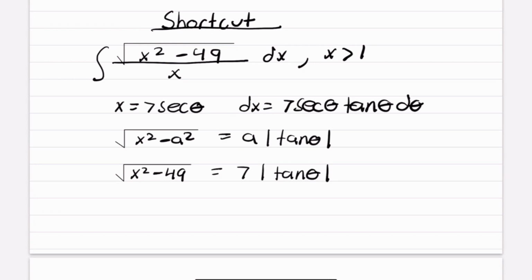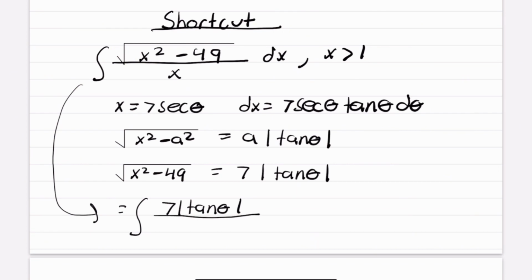So we have that this is equal to the integral of 7 absolute value tan theta divided by, and we still need the value of x, which is 7 secant theta, and we still need the value of dx, which is 7 secant theta tan theta d theta.